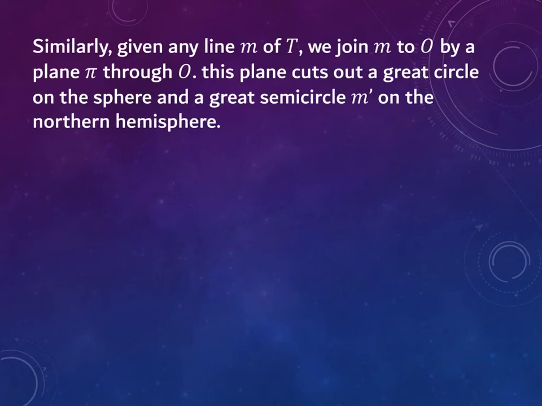And this plane will actually cut out a great circle. We've talked about those on the sphere. And similar with the hemisphere, it would be a great semicircle on the northern hemisphere. So a line in the plane becomes a great circle on the sphere.